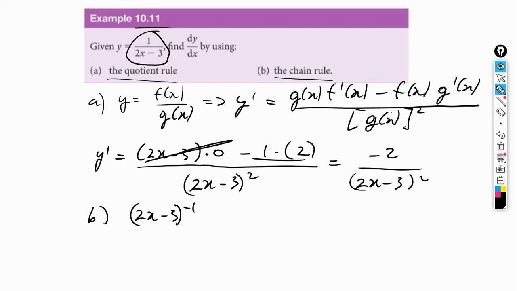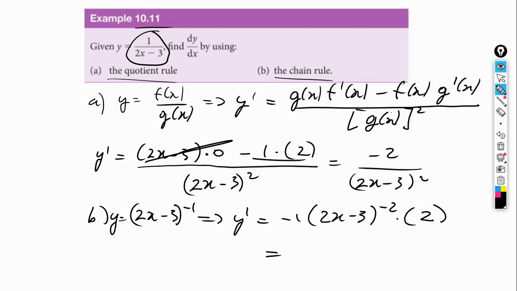So the derivative of this, let's use proper notation: if this is y, then the derivative of y is going to be -1, the derivative of the outside, times, leave the inside alone, (2x minus 3) to the power of -2, times the derivative of the inside, which is 2. And then we're going to end up with the same expression, -2 over (2x minus 3) squared.